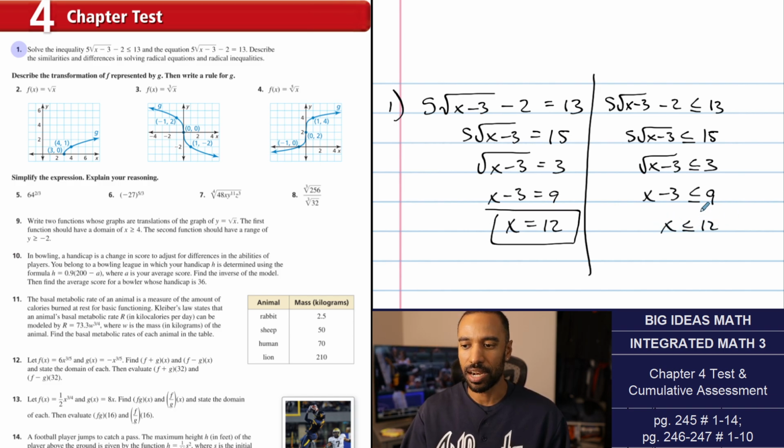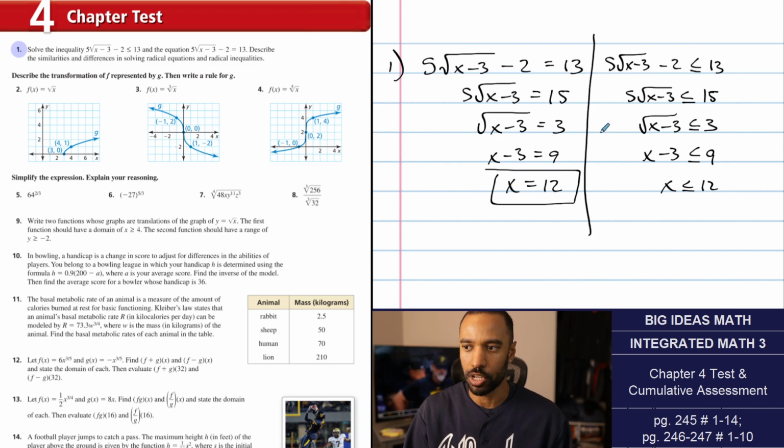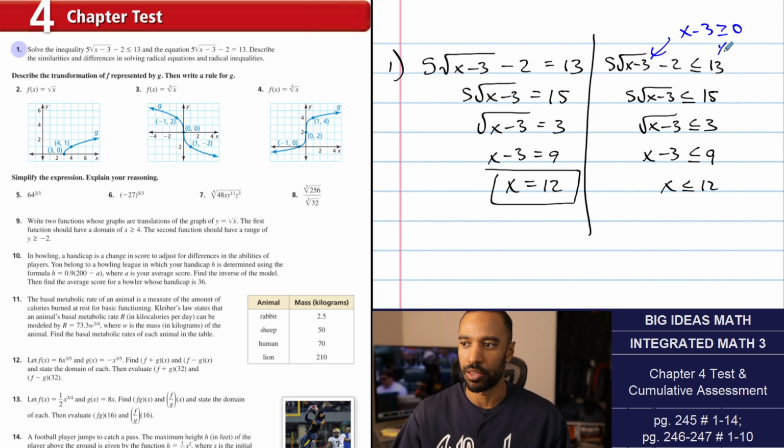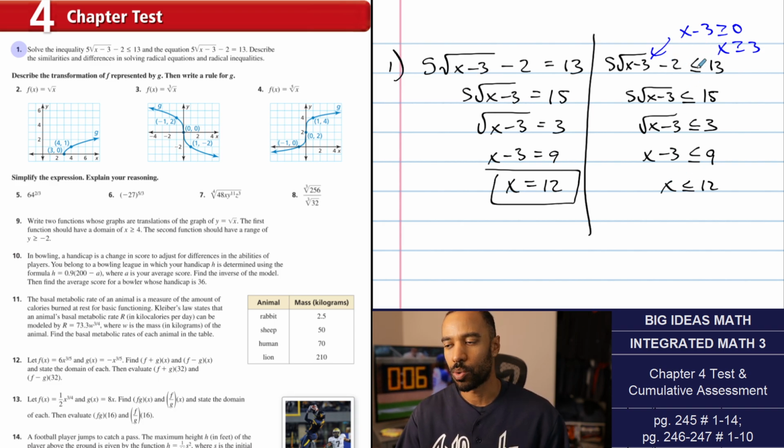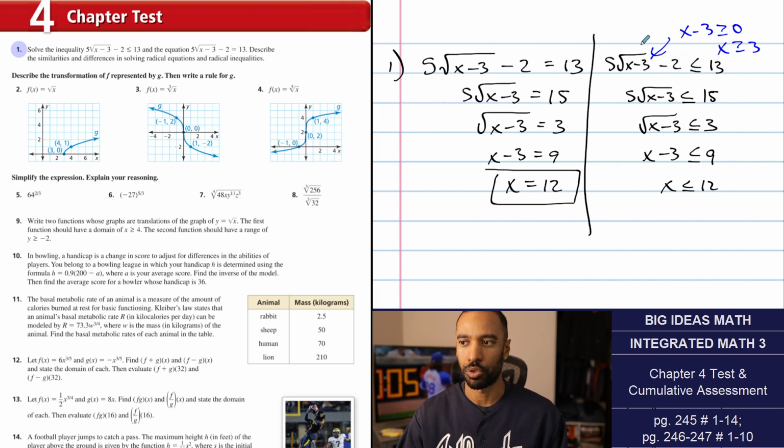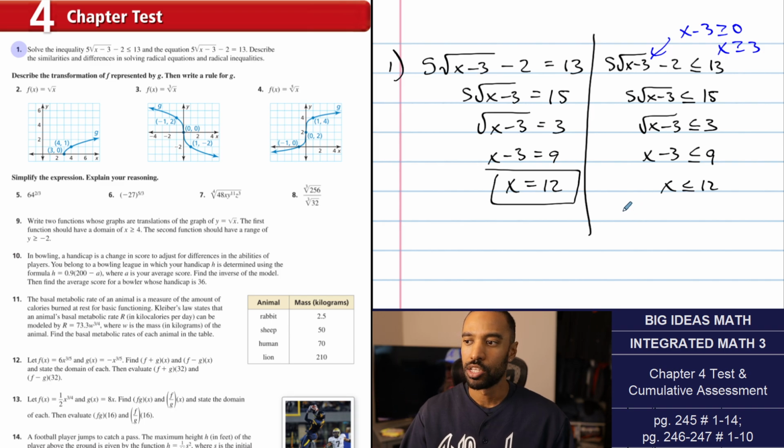Now, there's more I need to state on this one, though. Like I said, 12 does work properly here. This also has a domain concern. This x minus 3 inside the square root must also be greater than or equal to 0. So x has to be greater than or equal to 3 as well. Less than or equal to 12 to satisfy the inequality, greater than or equal to 3 to be a real number set. So x needs to be between 3 and 12 to satisfy the set.